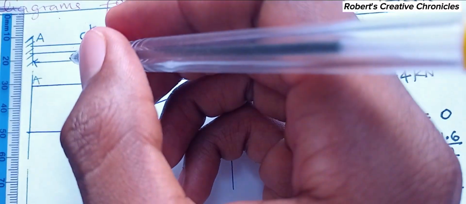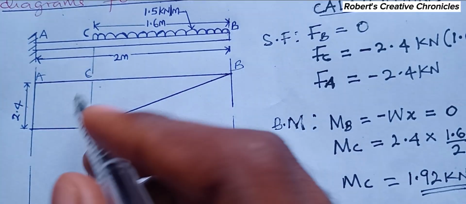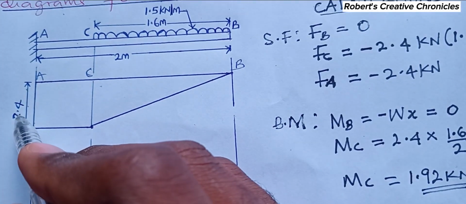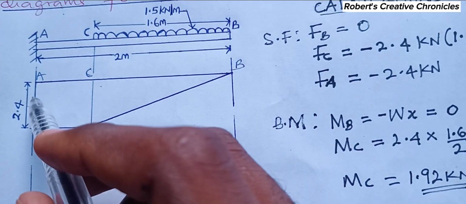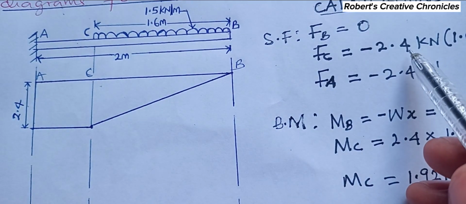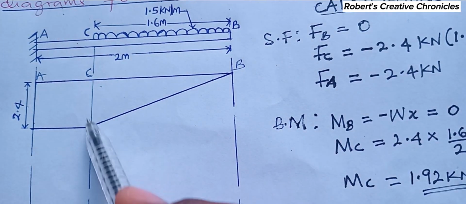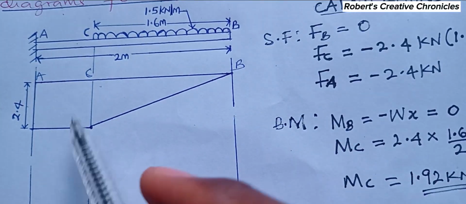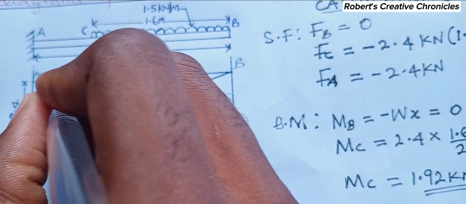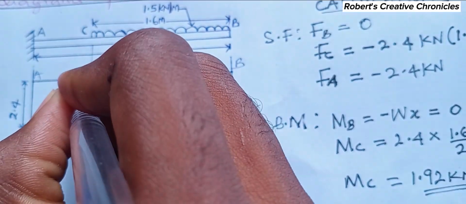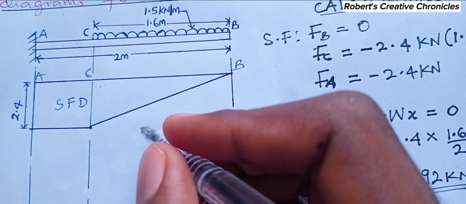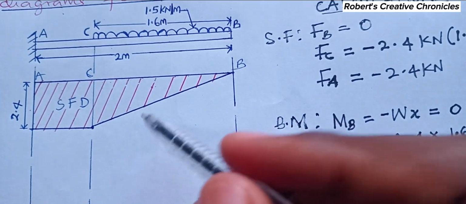From here to here is 2.4, so it's representing 2.4 kilonewton. So this is the distance, and this is my shear force diagram.